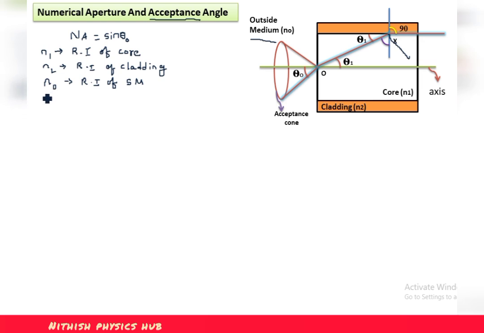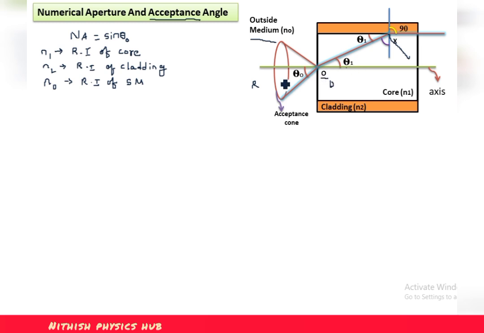Now whenever the light is moving from the outside medium to the core medium, the outside medium is considered a rarer medium, and the inside medium we call a denser medium. The light will be refracted, and the refracted light will move towards the axis. Here theta naught is the angle of incidence and theta 1 is the angle of refraction.